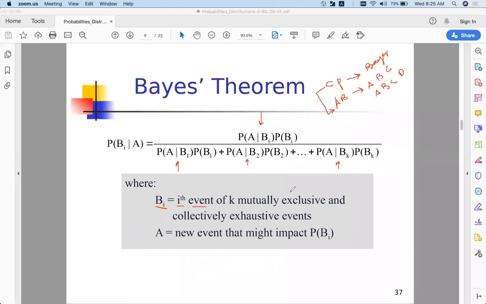I'm going to make it simple for you guys and then explain. Let's say I take K equal to 2. Now how does the formula look?